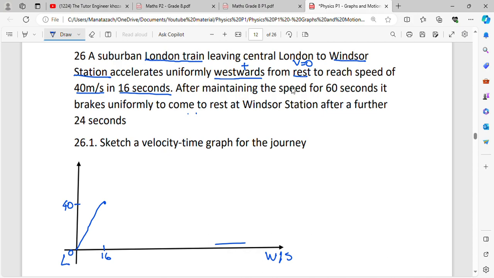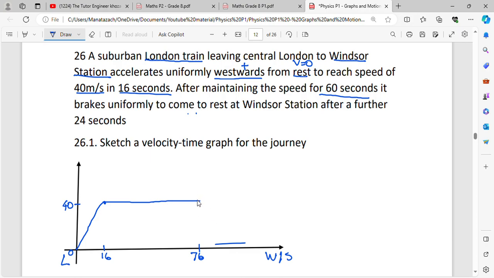After maintaining the speed for 60 seconds, it brakes uniformly to come to a rest at Windsor Station. So this speed is going to be maintained for a further 60 seconds, which will be at 76. So when you add 60 to 16, you come to 76. It's the same speed of 40 meters per second for 60 seconds, and then it's going to come to a rest at the Windsor Station.